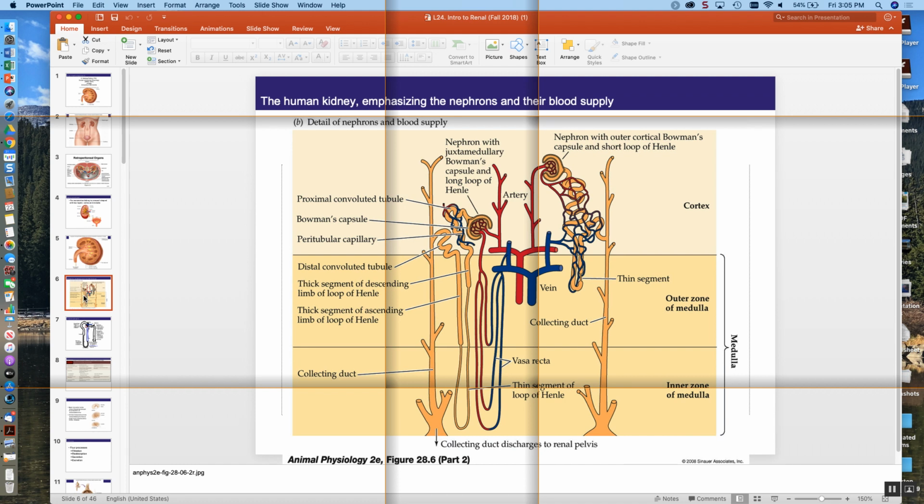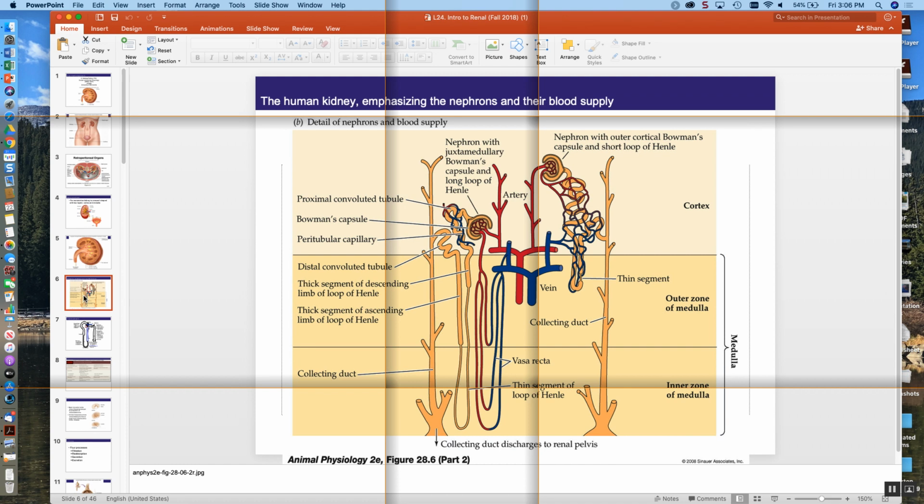So we were just going through the anatomy of the nephron, just major anatomical features. And I detailed two different types of nephron, the cortical nephron and the juxtamedullary nephron. So notice that the cortical nephron is mainly contained in the cortex region, in the outer region, and it has a very small loop of Henle.